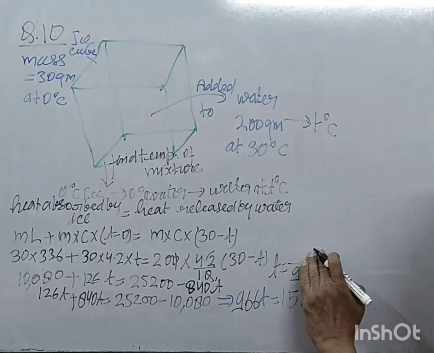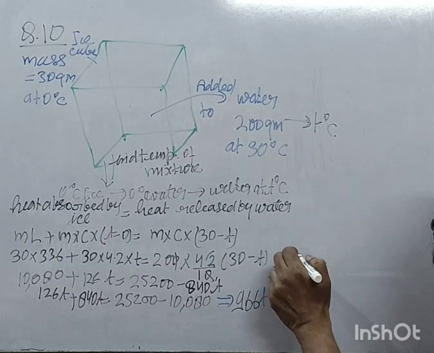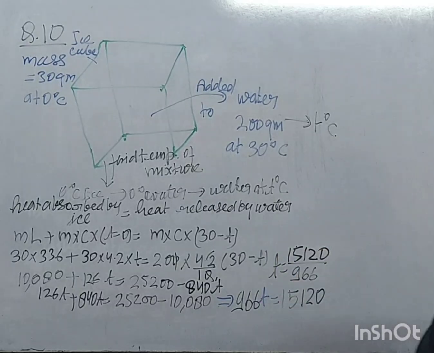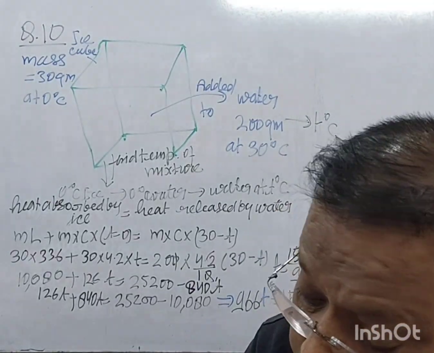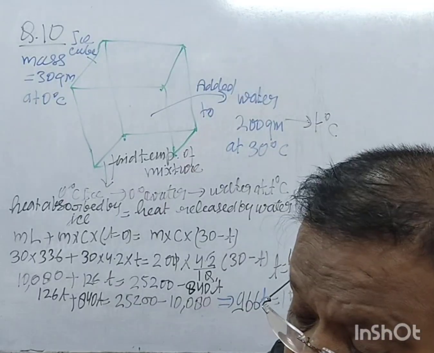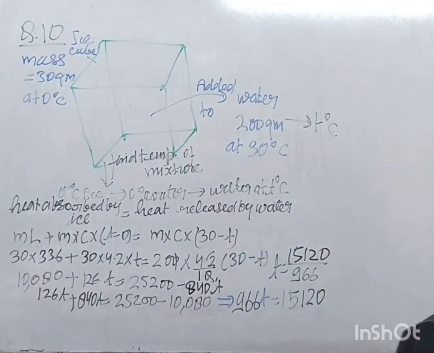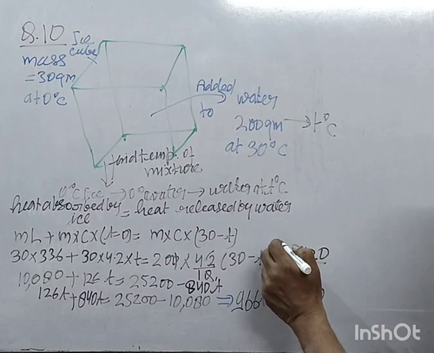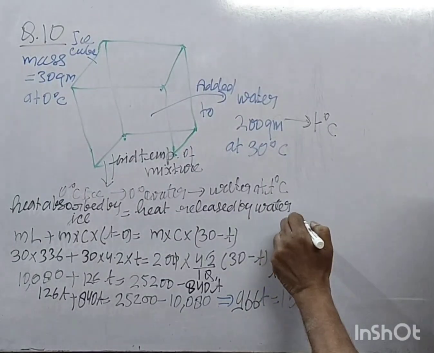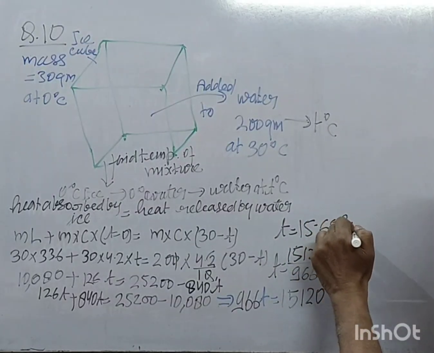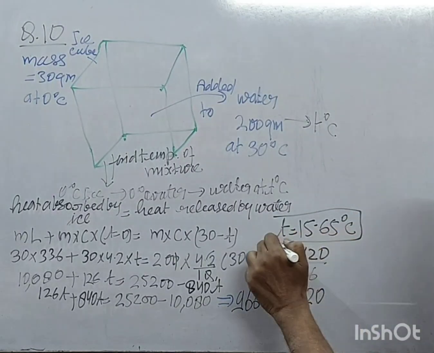And when you divide 15,120 by 966, it is 15.65 degrees Celsius. So T is equal to 15.65 degrees Celsius. This will be the temperature.